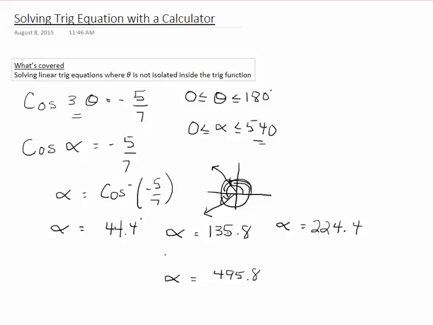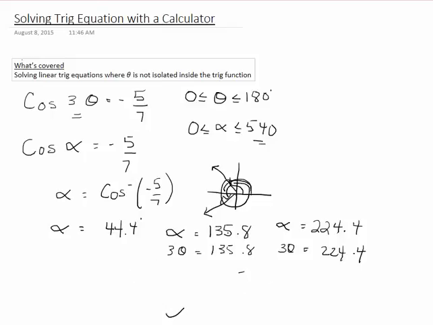Now we need to remember that we're not dealing with alpha, we're dealing with 3 theta. So we have to bring that back in to solve for all of these 3 theta, do a little bit of algebra, and then we have all of our solutions for theta. I'm just going to move my alpha down a little bit, that 495.8, so that I have room.